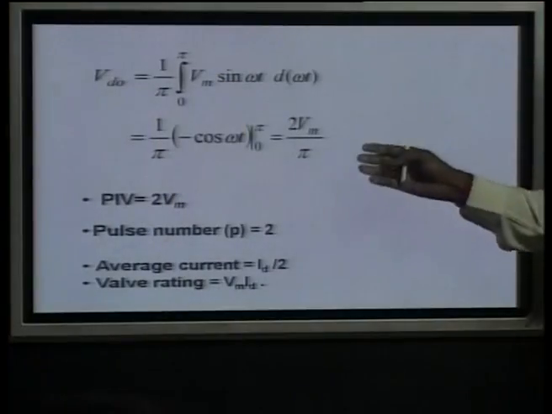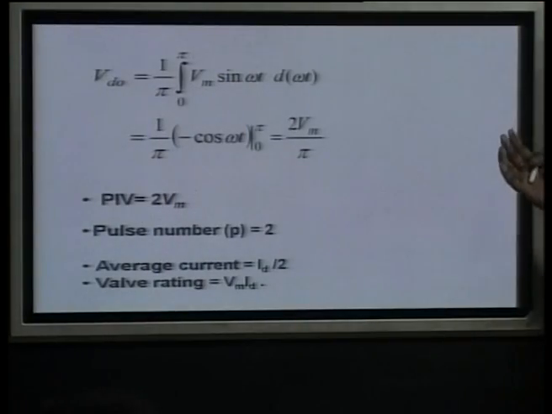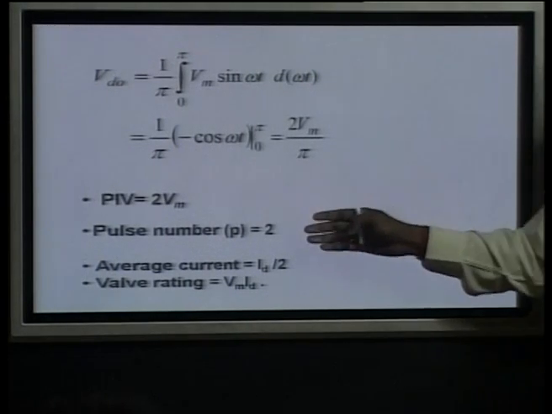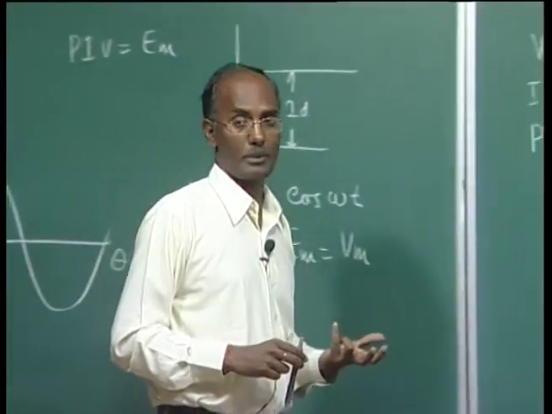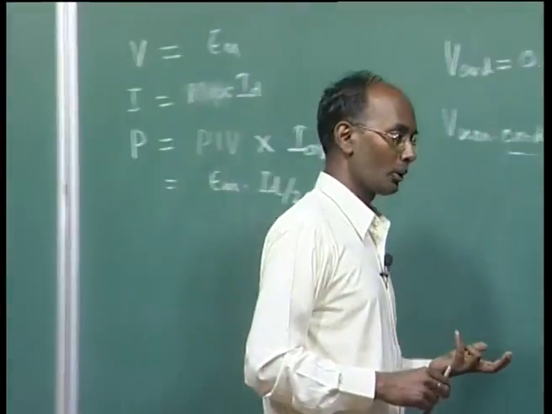So people say it is better to go for another configuration, also because in this case the transformer is not utilized properly. It was suggested that we can go for the bridge rectifier circuit.